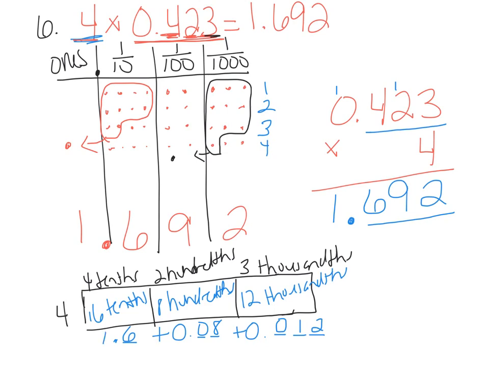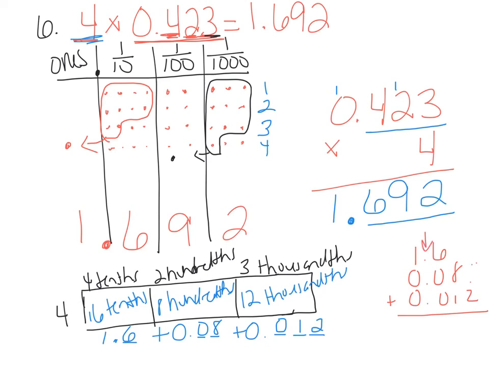So now I have to add those up. So I'm probably going to need to go vertically. So we have 1 and 6 tenths plus 0 and 8 hundredths plus 0 and 12 thousandths. And I'm adding, notice my decimals are all lined up, beautiful.